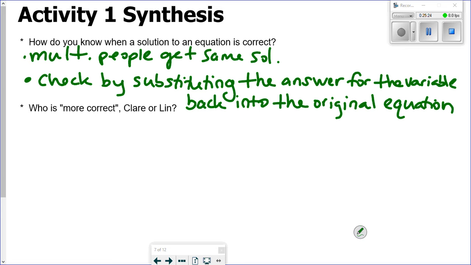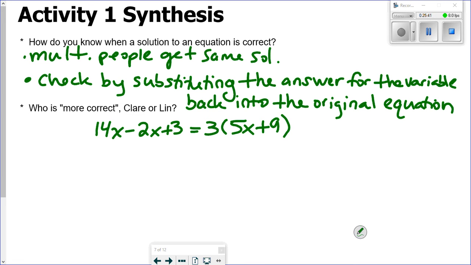So if we go ahead and test this theory, our original equation was 14x minus 2x plus 3 equals 3 times the quantity of 5x plus 9. If we recall from Claire and Lynn's work, they both got x to equal -8.